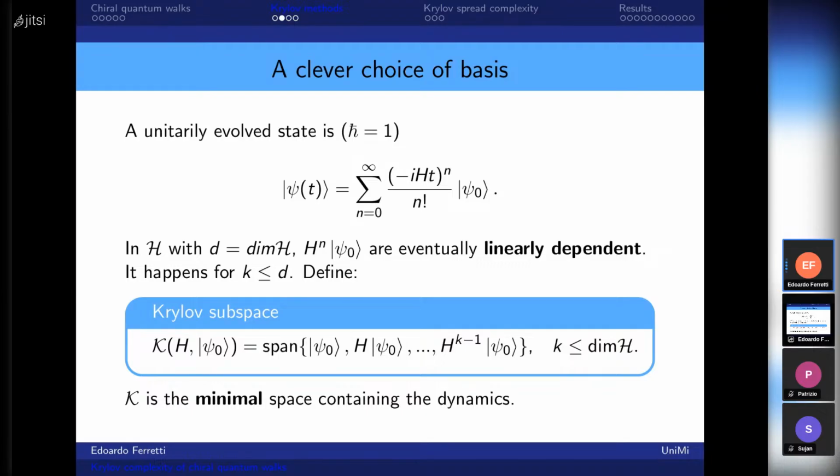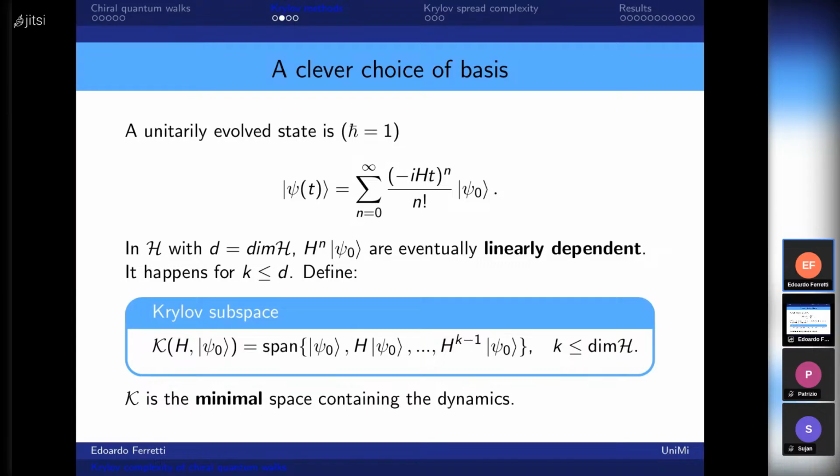And small k is the dimension of the Krylov subspace. From this naive hand-wavy argument, it can be rigorously proved that the Krylov subspace is the minimal subspace containing the dynamics.